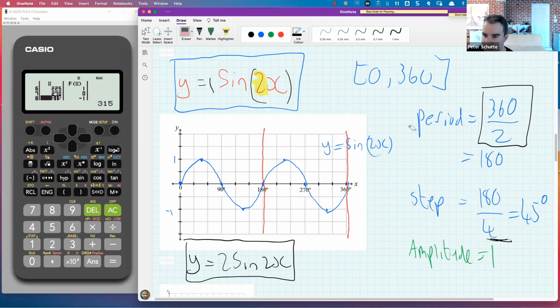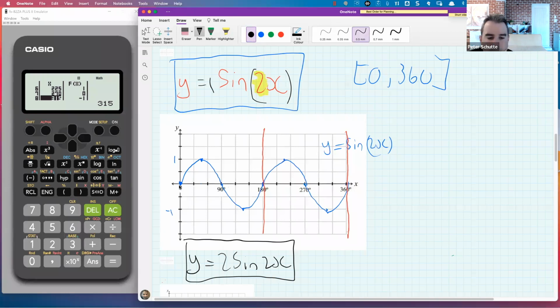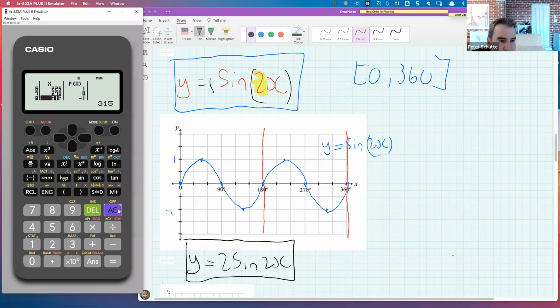See if you can do that. And it's going to be on the domain 0 to 360. How will that change things? Maybe our calculator can help us. I'll put a 2 in there.